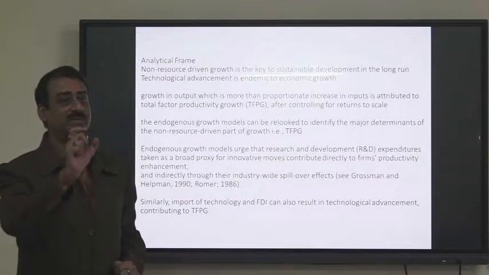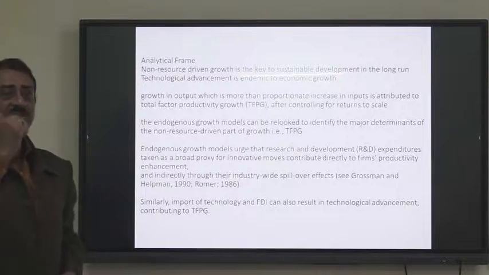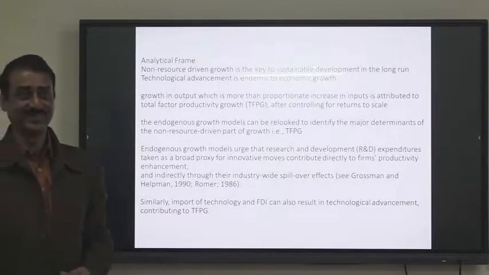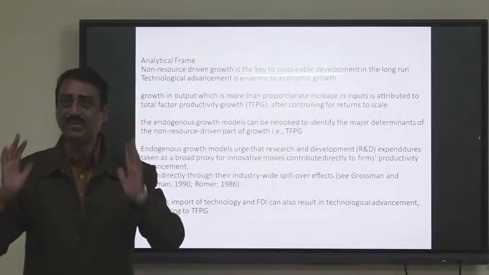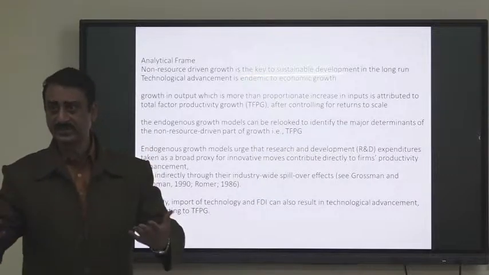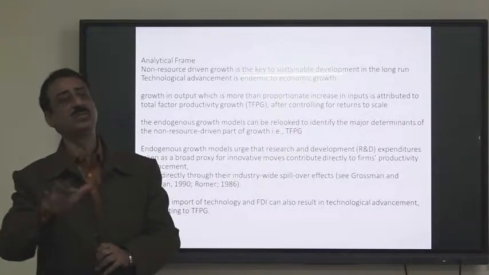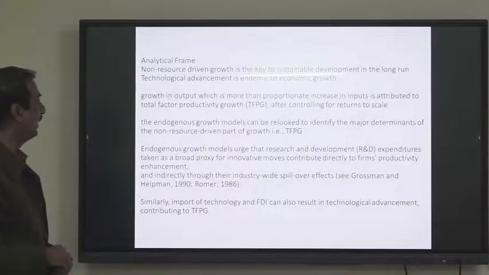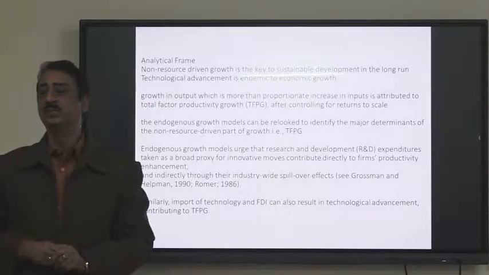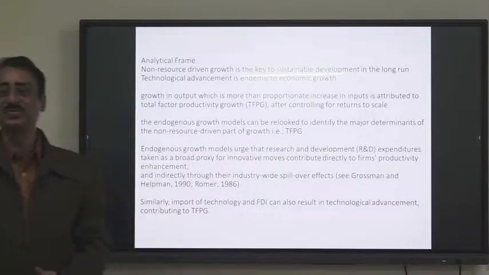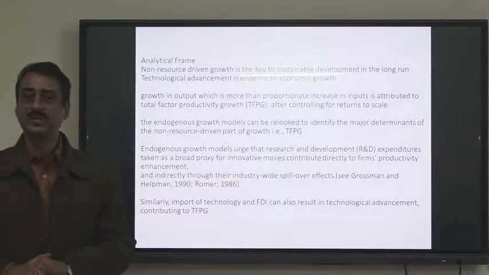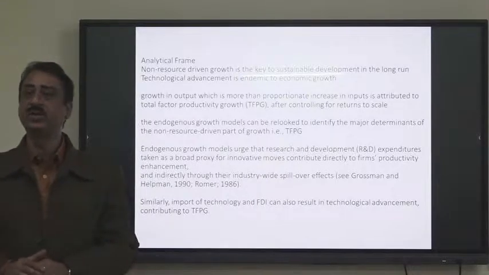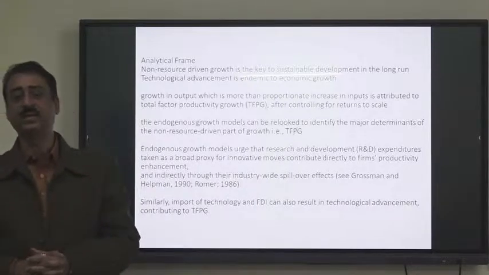Their motto, the slogan, is "industrialize or perish." So every country, if it has to progress and modernize, must try to pursue industrialization. From that point of view, it was suggested that technological progress must be encouraged.